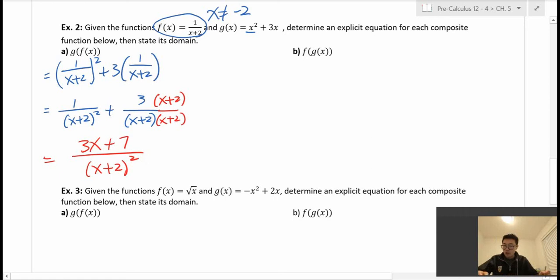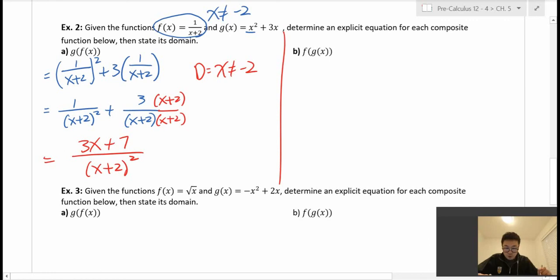Okay, so that's my g of f. In this case, for the domain, x should not equal -2. Otherwise, you end up with a 0 in the denominator, and you can't divide by 0, okay?